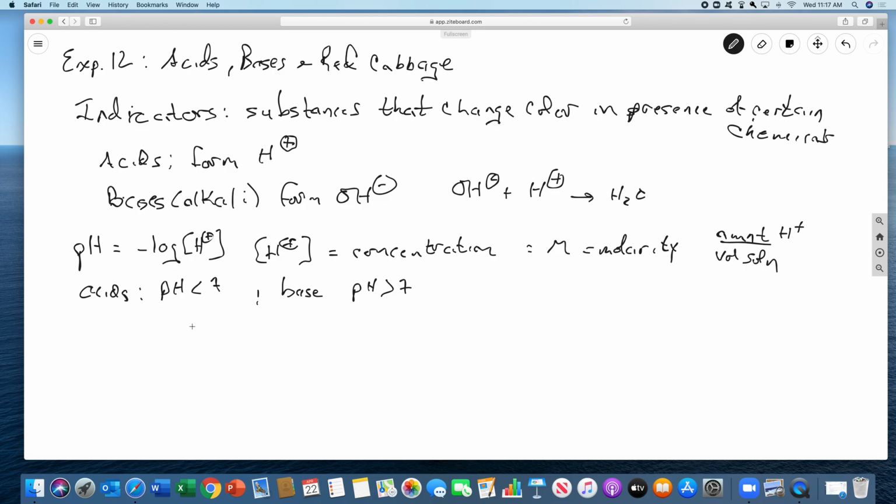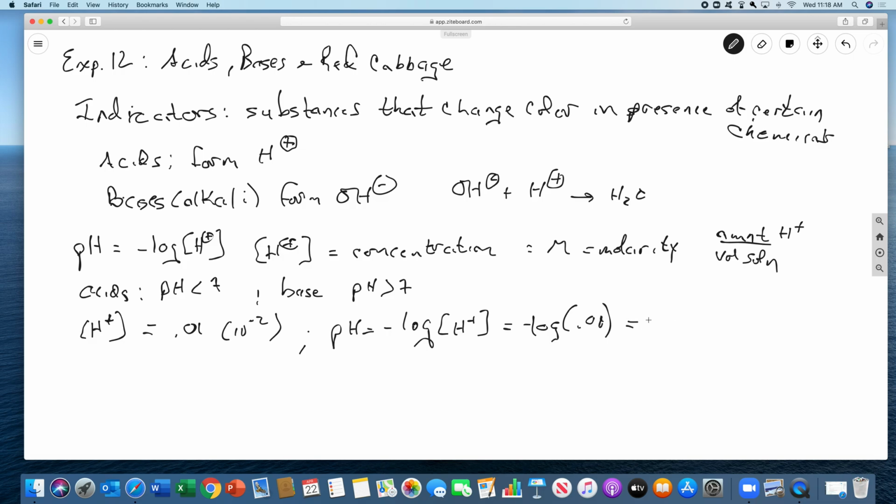So if my H plus is 0.01, which for those of you who like scientific notation is 10 to the minus 2, then the pH would be the negative of the log of the H plus, which is the negative of the log, in this case, of 0.01. And you can do this on your calculator. And that's going to be 2.